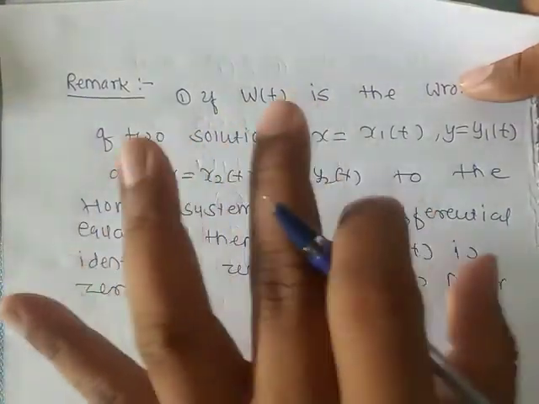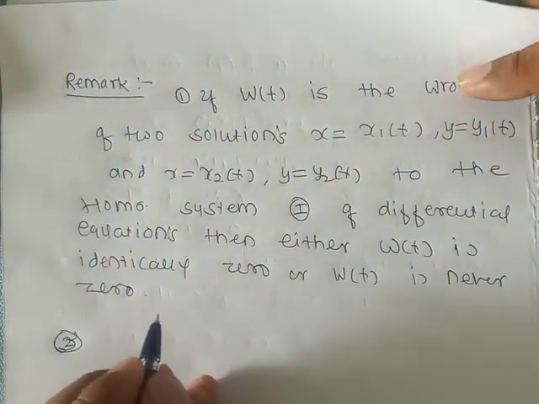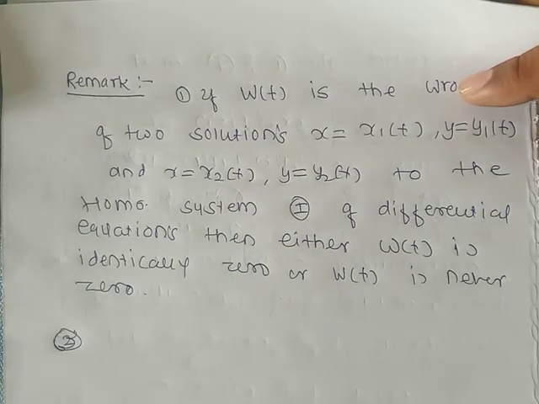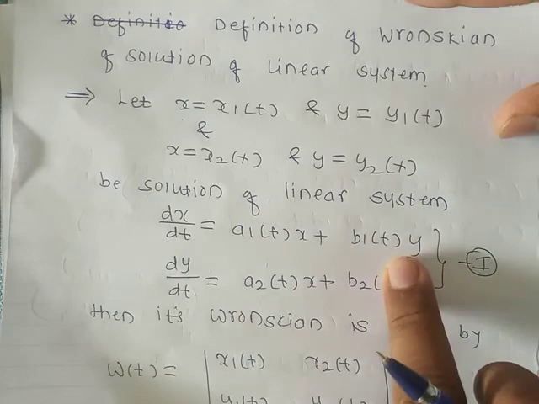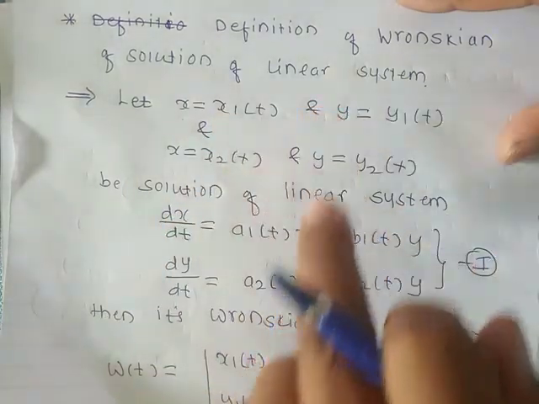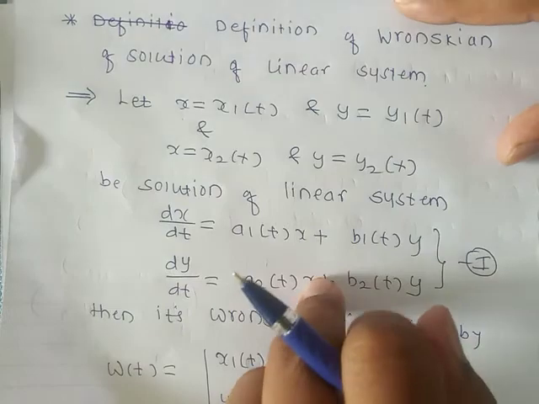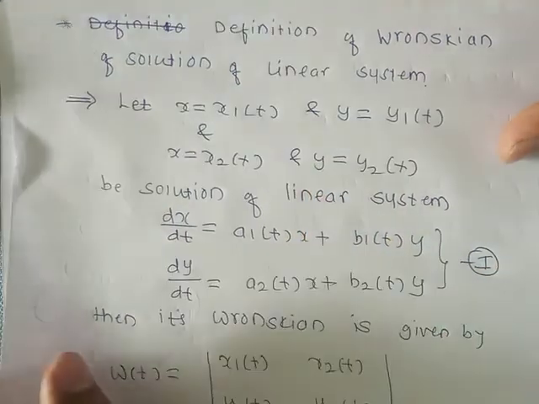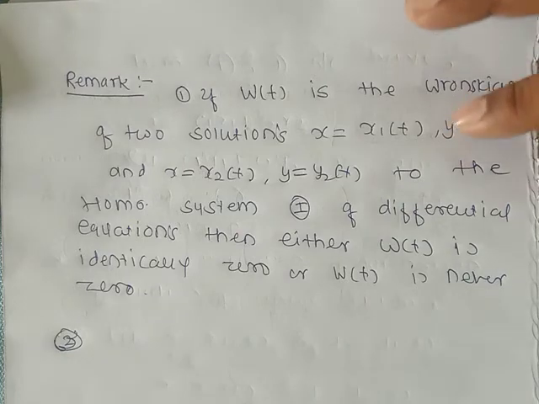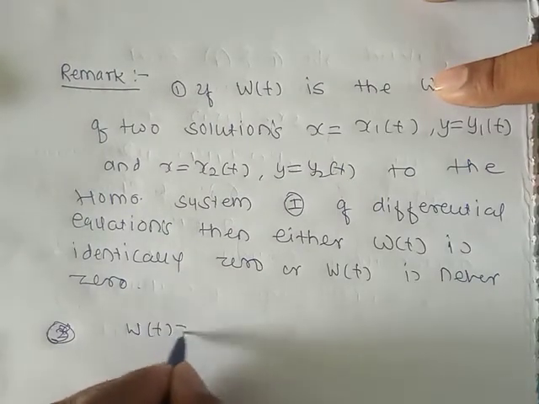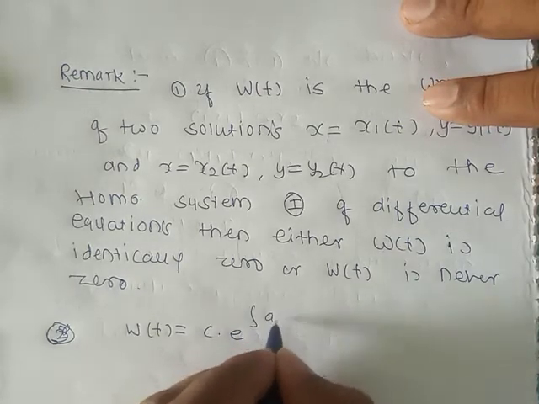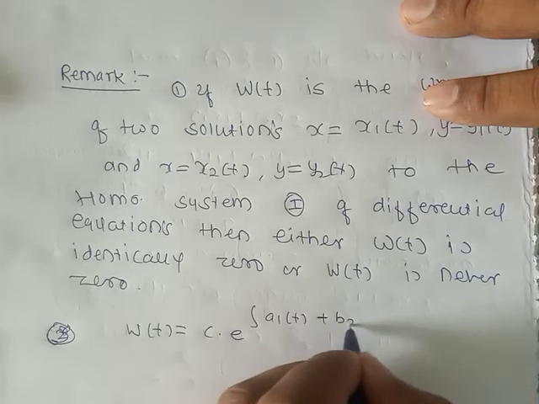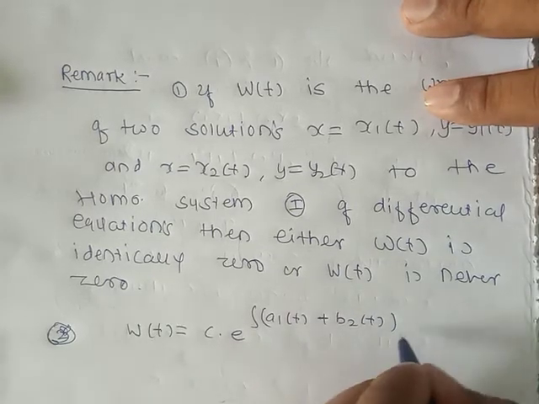If we summarize the proof of this, we have the given system of equation 1, and these are the solutions of this system of equation. It means that this system of equation satisfies this. If we substitute this and do some mathematical calculations, we get Wronskian is equal to c into e to the power integration of a1 of t plus b2 of t dt.